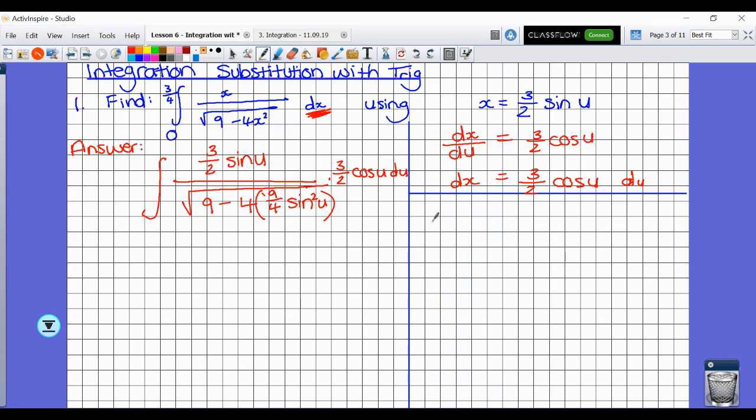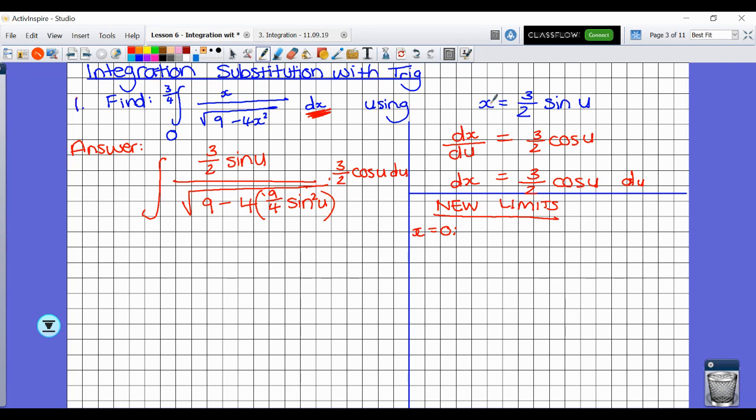Now what I'm going to do is deal with the limits. Because right now the 0 and 3/4 there are in terms of x, but remember we're changing all of our x's for u. So new limits. So let's deal with the lower limit first of all. This is when x equals 0. And I want to figure out what does u equal when x is 0.